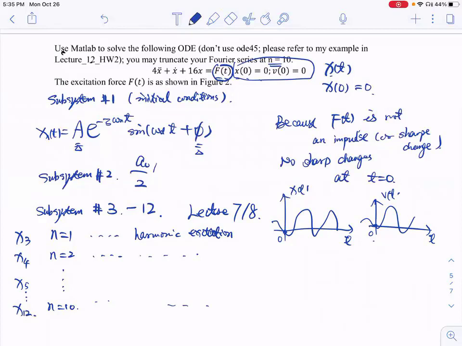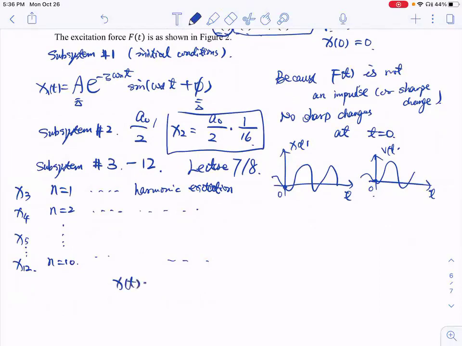For the second system, your x2 is just A0 over 2 divided by k. Your k is 16. A special case is that this static input just creates a static deflection, so you're going to get a static response.